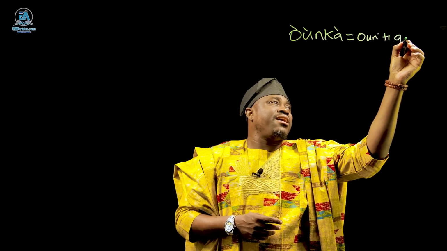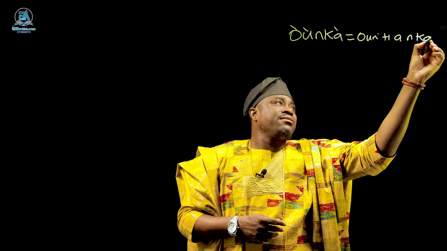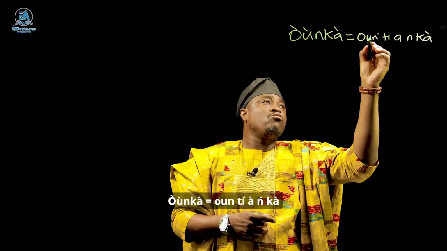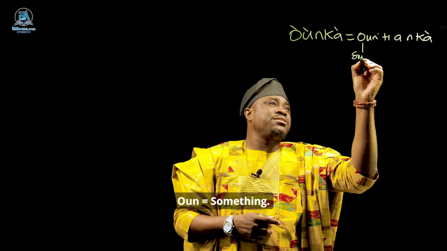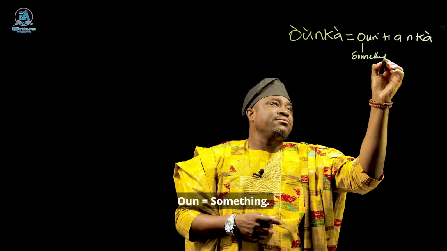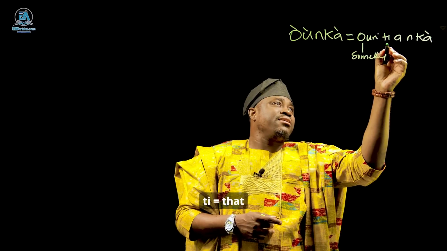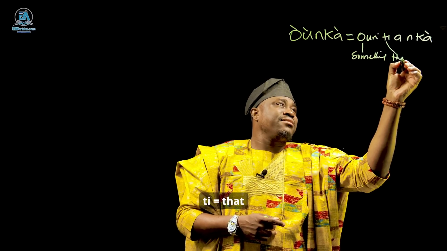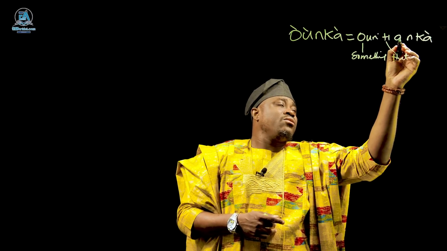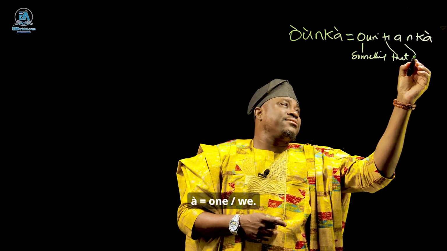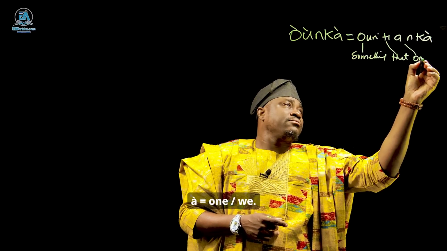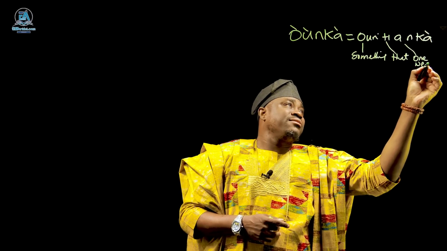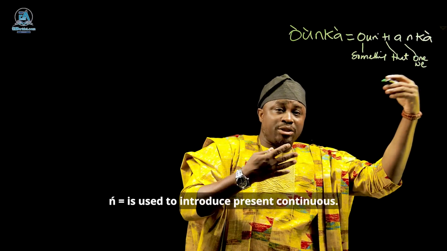tí à ń kà. Ohun tí à ń kà. Ohun is something. Tí is that. And ń is one or we, then that may give it.